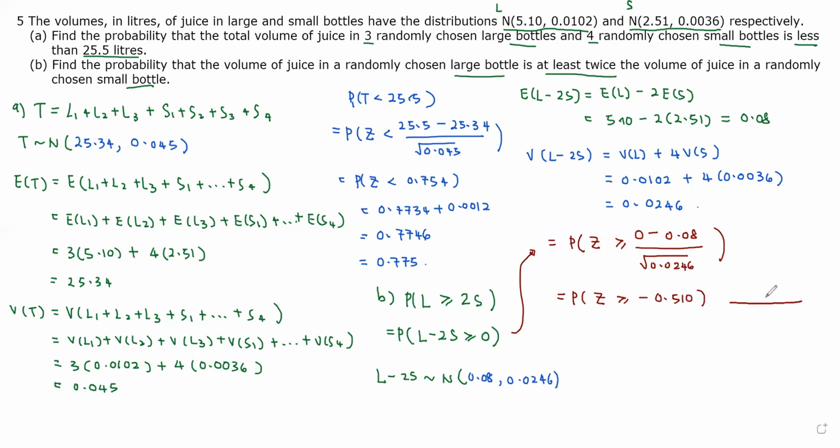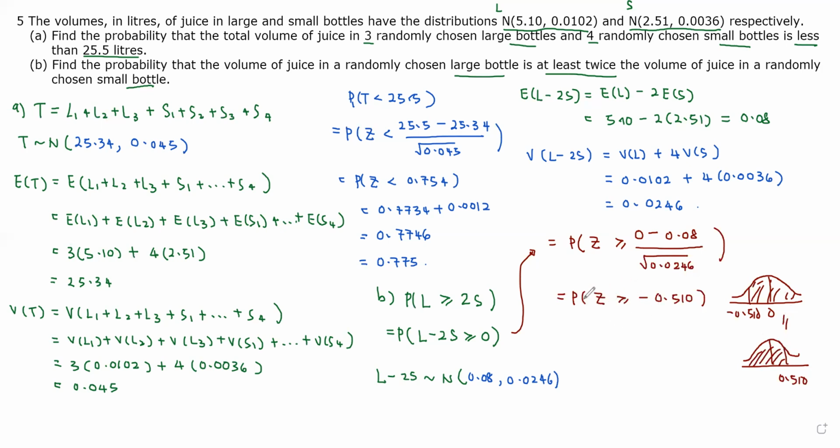This is the probability that we want. Probability Z greater than or equal to negative 0.510. This is a right tail probability. And from the symmetry, let's say this is 0.510. These two areas are the same.